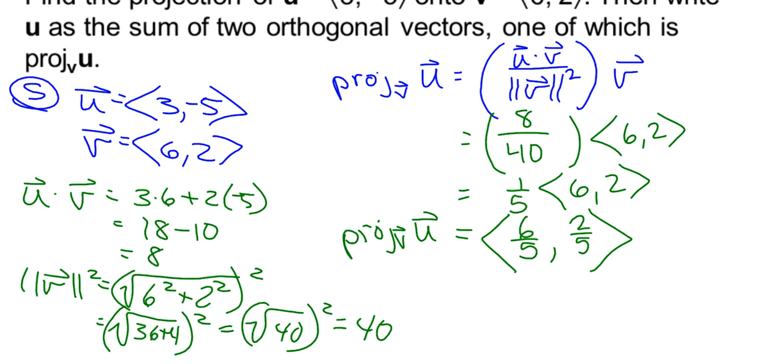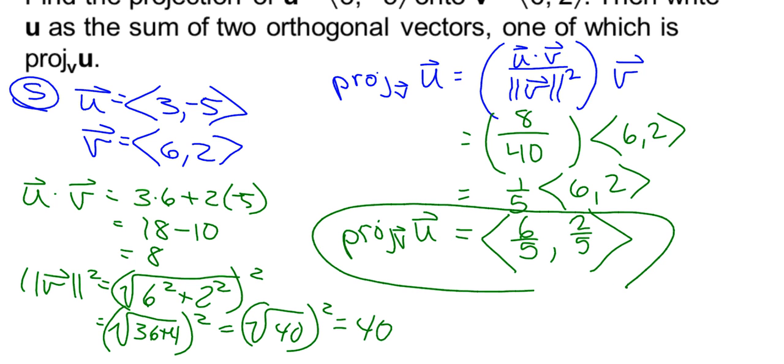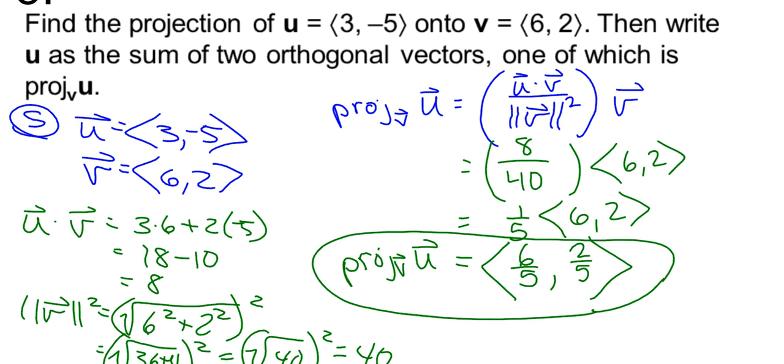And I think I have it all written in there. And that's that part of the answer for this problem. I'm just going to go back up a little bit so that I can see this. So it said find the projection of u onto v. So that's that part of the answer.